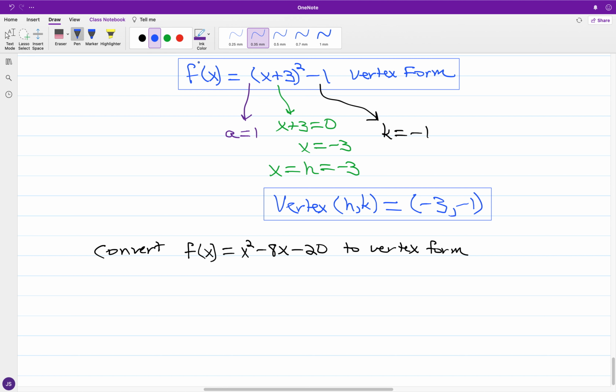In terms of laying the foundation, I have f of x is equal to x squared minus 8x minus 20. Again, if I separate the variable terms from the constant, we have parentheses around x squared minus 8x, followed by the subtraction of 20.